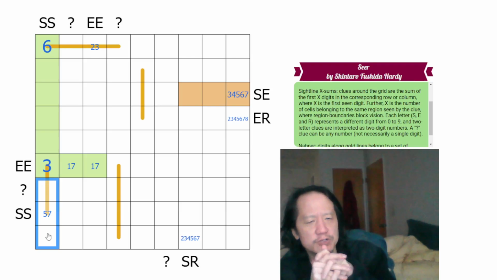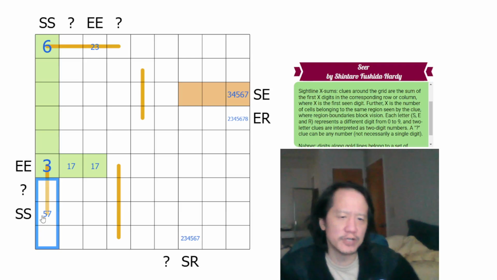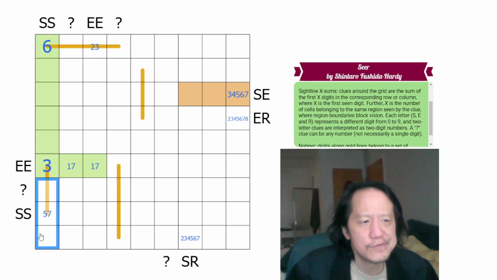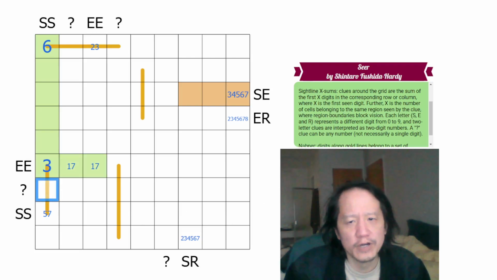Yeah, it's not what I was hoping for. Because this could actually be 1, 4, and 7 here, which would be valid. Then this would be 1.